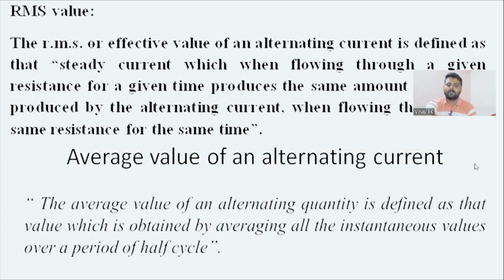The average value of an alternating quantity is the value obtained by averaging all the instantaneous values, either voltage or current, over a period of only half cycle.